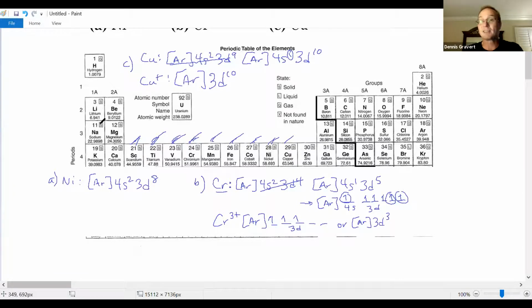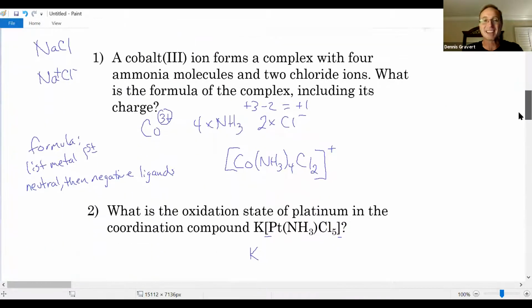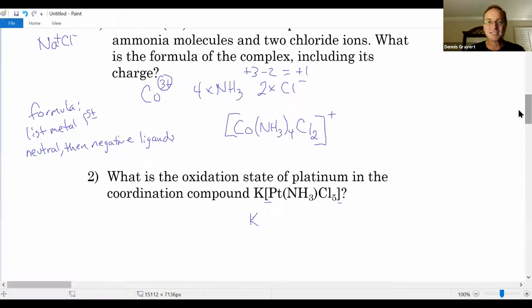It's an alkali metal. Alkali metals, one valence electron, like to lose that electron and become a +1 cation. And that's what it is. This potassium is +1. So that tells you the whole other complex must be a -1.